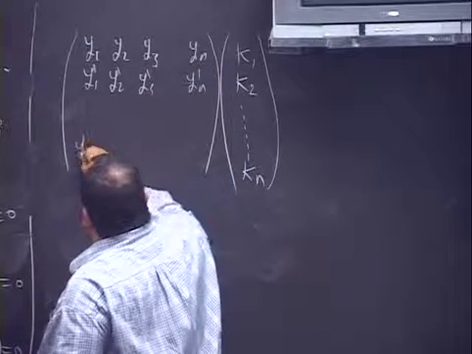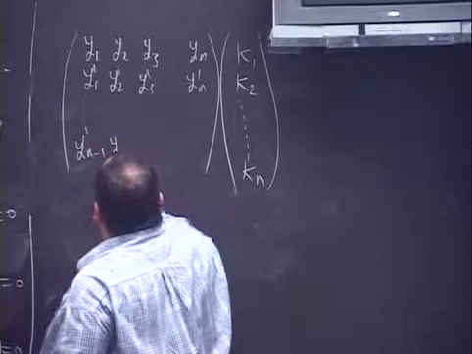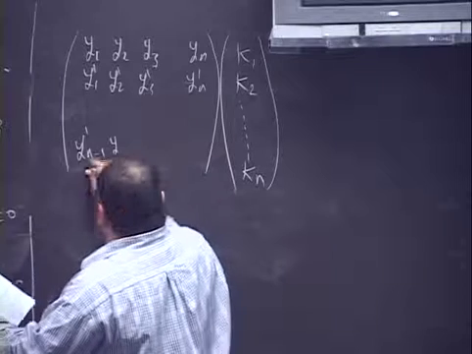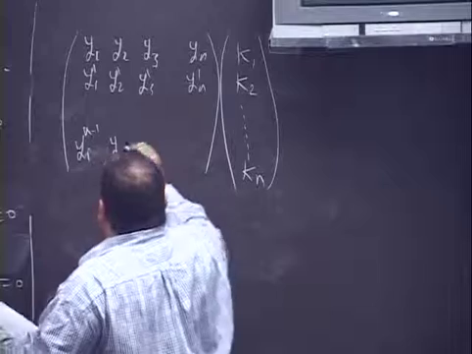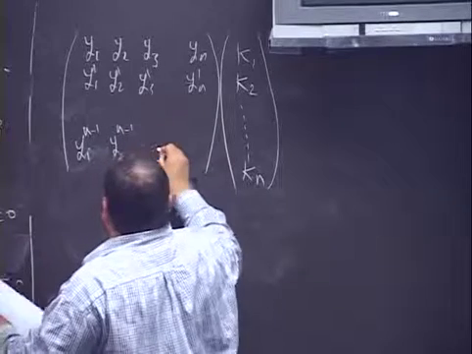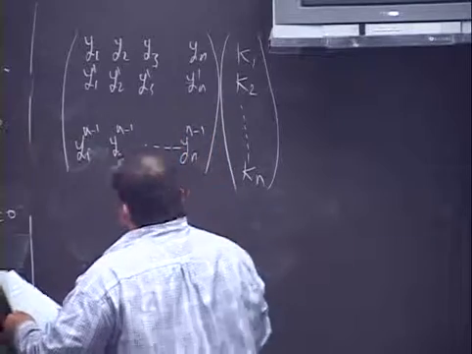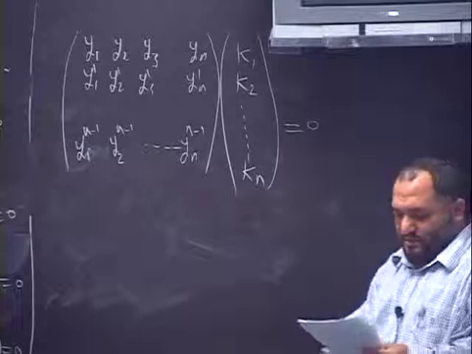And here I will put the n minus 1 derivatives, y1 n minus 1, y2 n minus 1, up to yn n minus 1. And this is equal to 0.